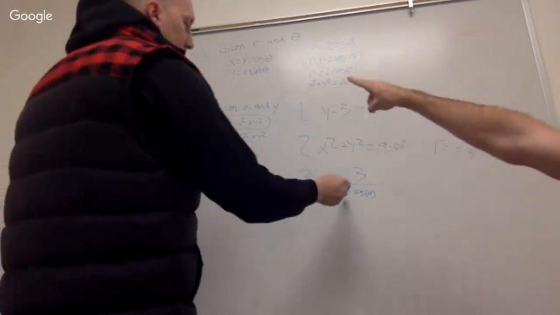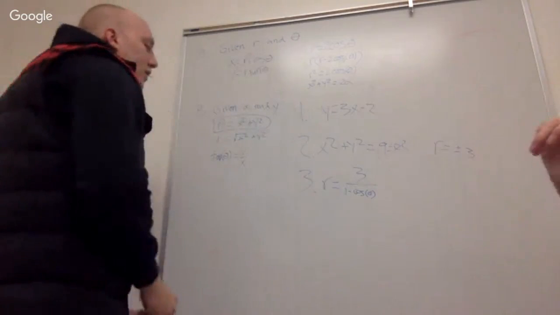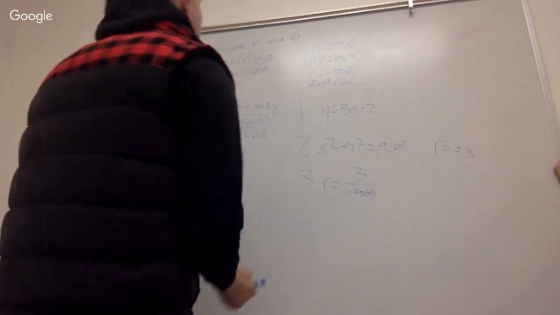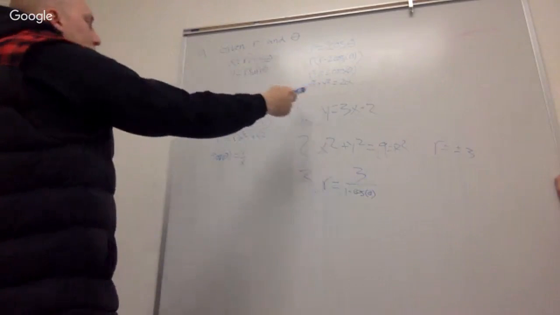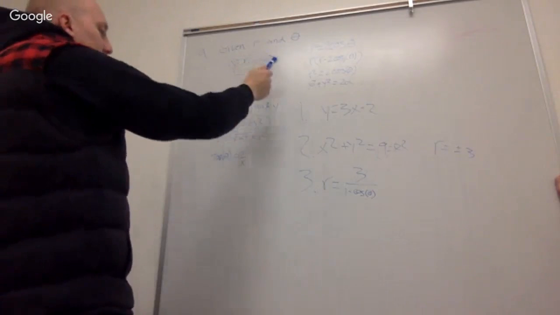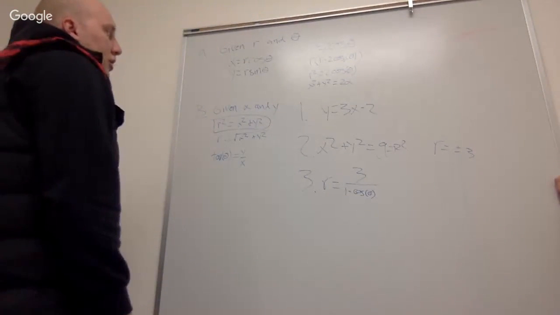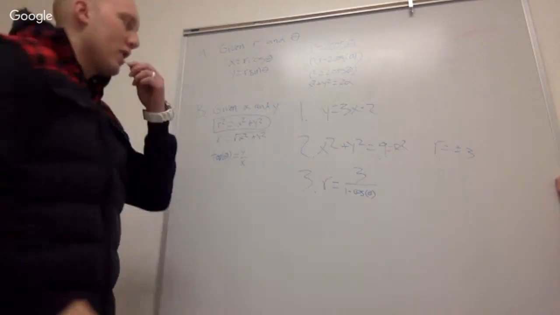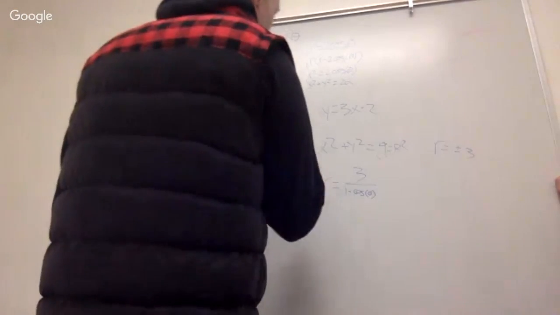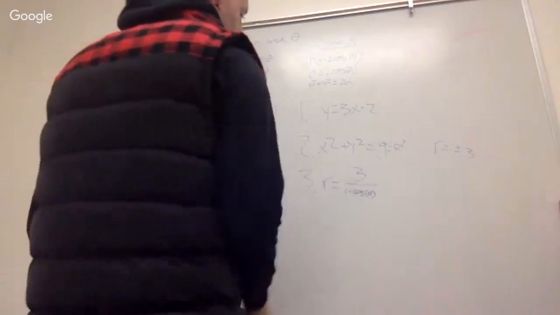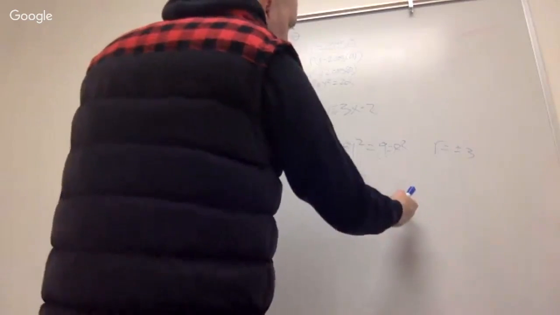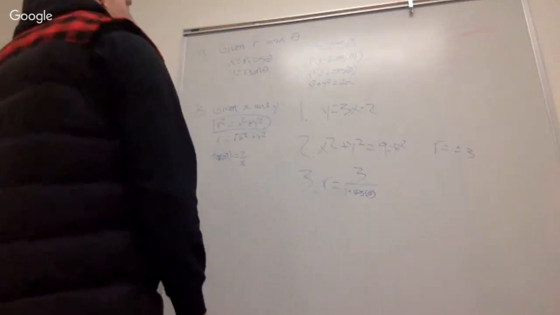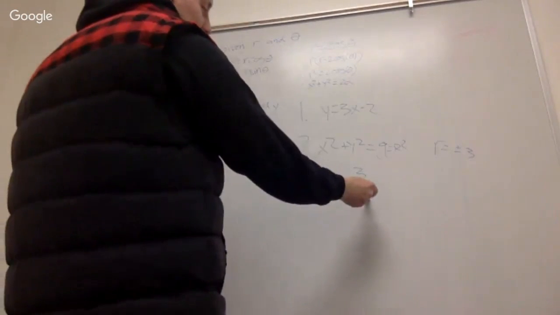And for this one we're given r and theta, so we have to do x equals r cosine theta, all that fun stuff. But when we convert them, I don't see that we're really given r, because r equals this. So maybe we have to do the problem to get it, right? And we're not given this.